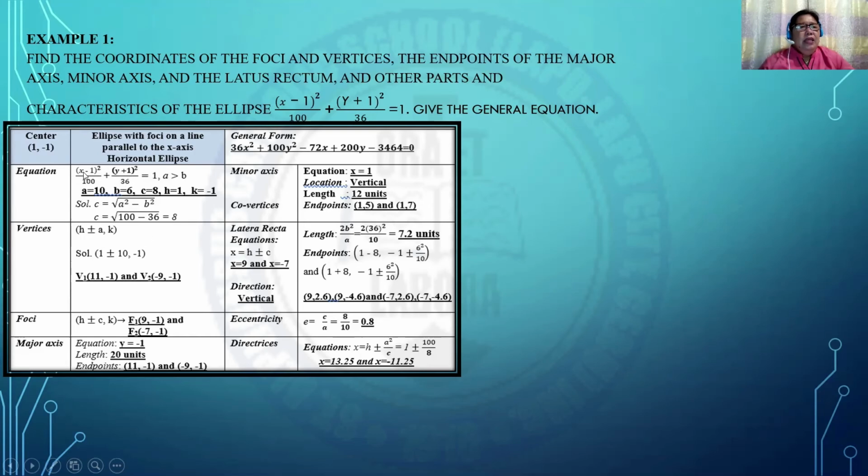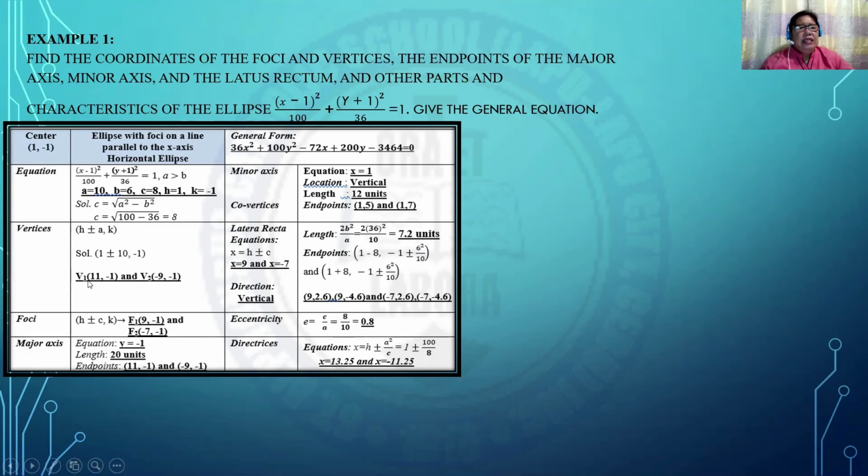And the value of h here is 1. The value of k is negative 1 because this is y plus 1, so this is originally y minus negative 1. And the vertices, this is the formula. All you have to do is to substitute 1 plus or minus 10, then k is negative 1.